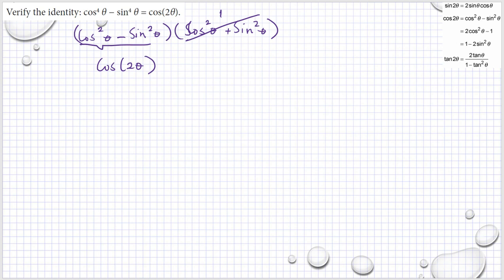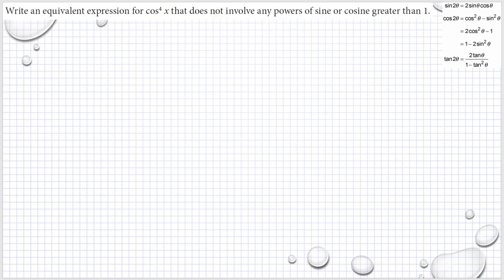Okay, some more. Write an equivalent expression for cosine to the fourth x that does not involve any powers of sine or cosine greater than 1. So we have cosine to the fourth. Then we have cosine squared x multiplied by cosine squared x.